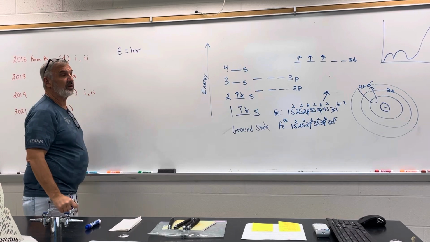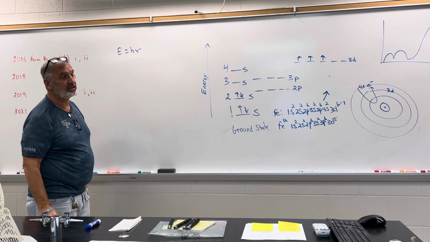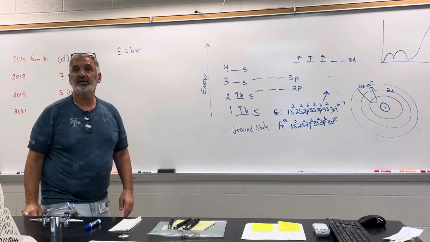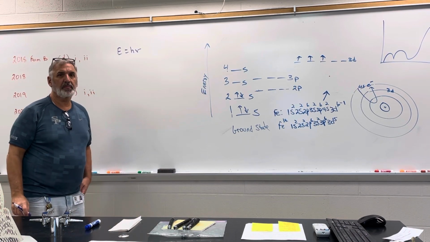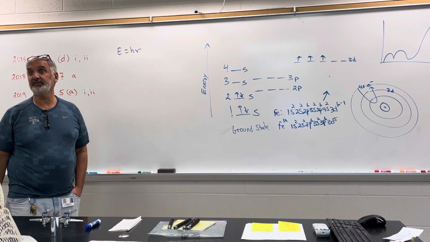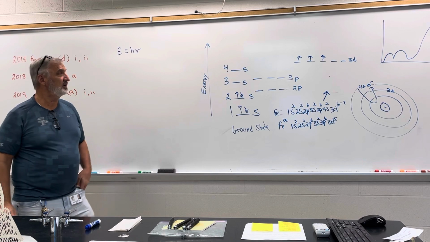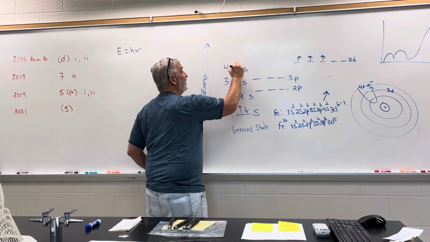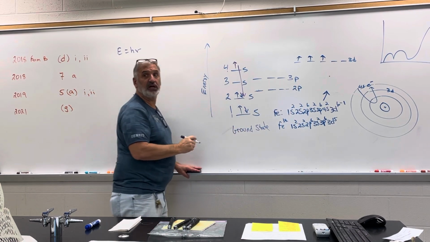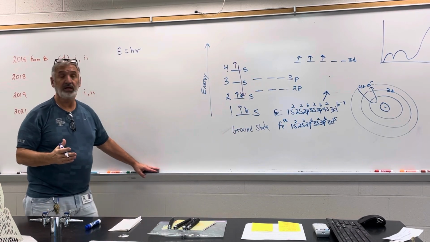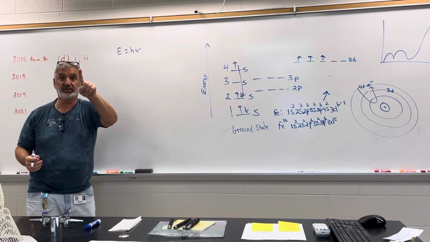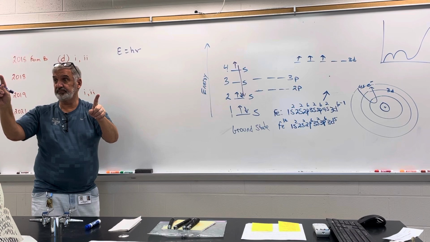E is the energy of the photon, not the electron. An electron gets promoted up, then comes back down and gives off a photon with a specific energy. One electron, one photon.